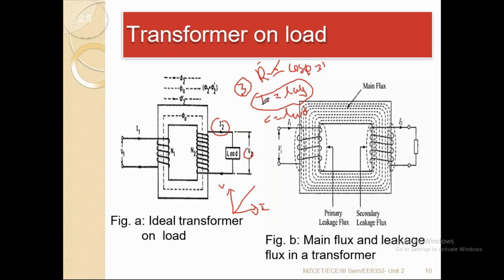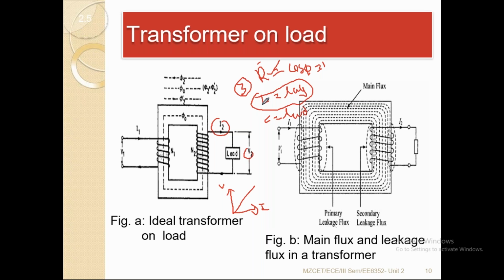Now, why do we call inductive load the lagging power factor? Here the current is lagging the supply voltage. In the sense that the voltage is constant, but it depends on the type of device we are using.